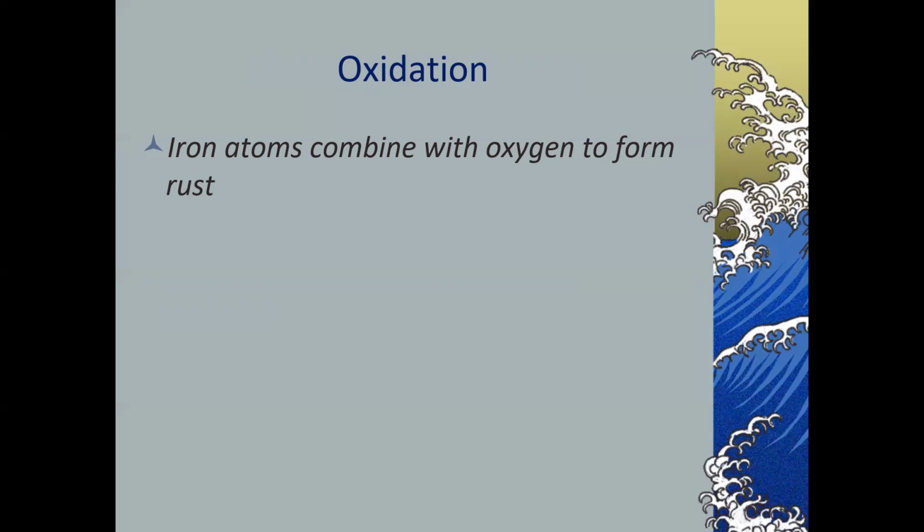So oxidation is just a fancy name for rust. So I'm actually going to put the word rust right in that box in big bold letters so that I don't forget that oxidation just means rust.